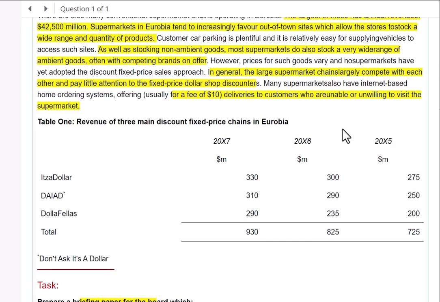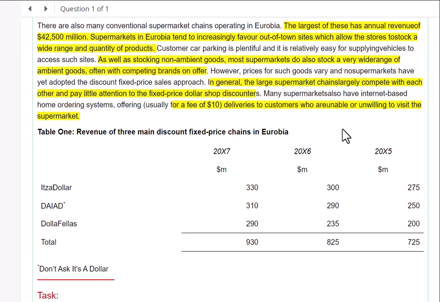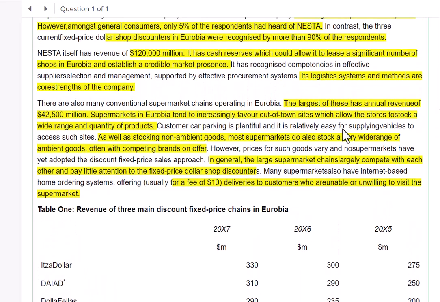Basically, we have the revenue of these three current competitors, and they are three fixed price discounting chains competing on profit margin, and their fixed price is particularly $1, and they are expanding a lot. So basically, the intensity is high, and again we have more expansion plans in the given scenario.